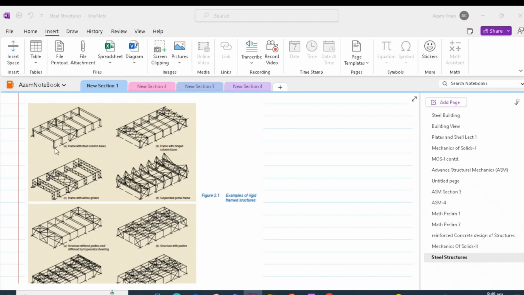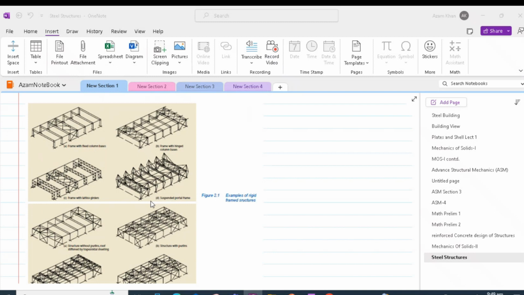Instead of a single beam and column arrangement, we can also have a lattice girder. Thus, the lattice girders can be stacked behind each other and braced, as in the case of portal frames.